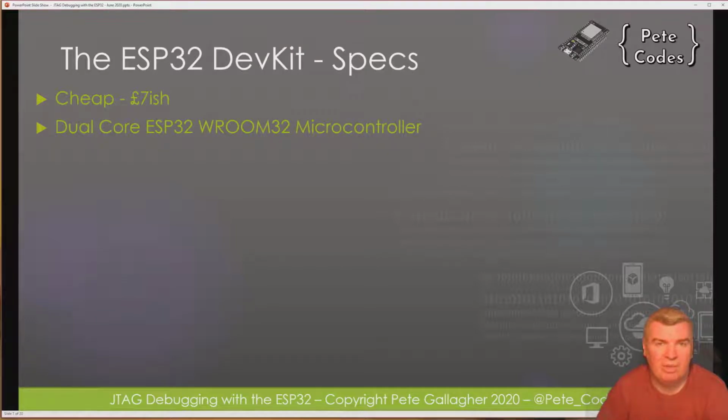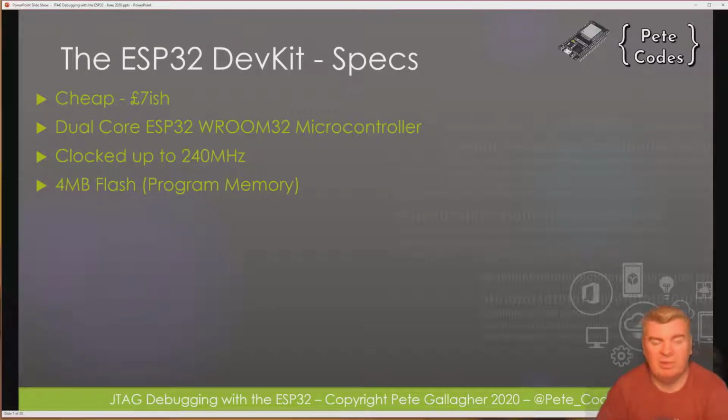It's a dual-core microcontroller as well, so pretty powerful for that £7, and clocked all the way up to around 240 meg as well. Depending on which kit you get, the standard kits have got around 4 meg of flash memory for you to play with. You don't get all of that depending on what you specify, because you can do things like over-the-air updates and some other bits and bobs in there as well.